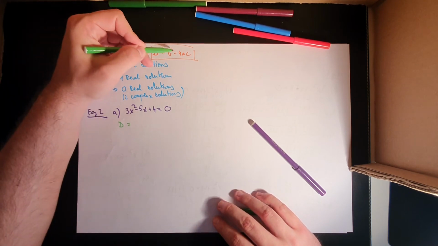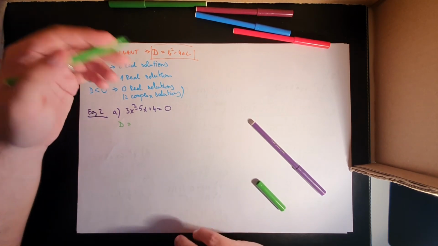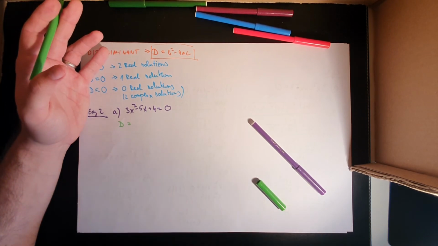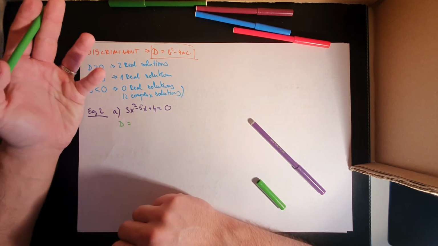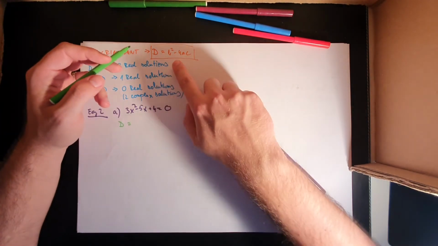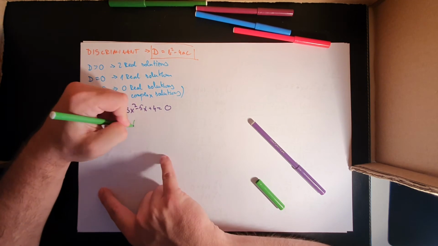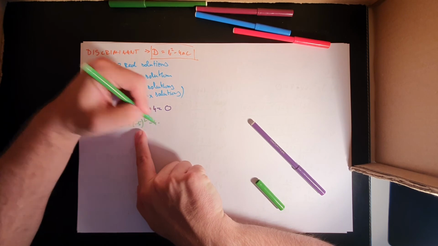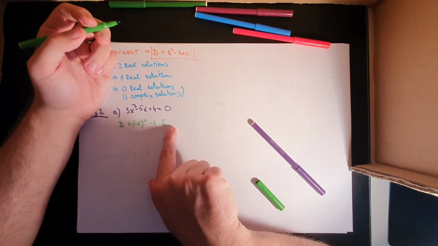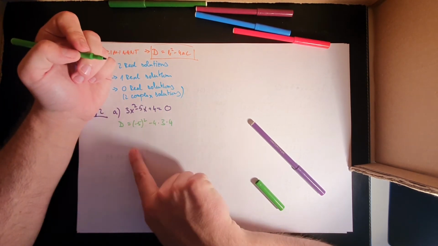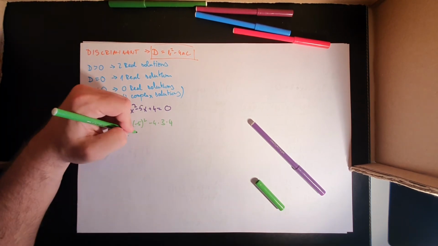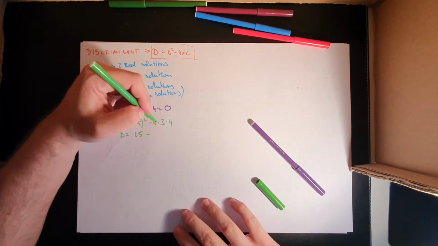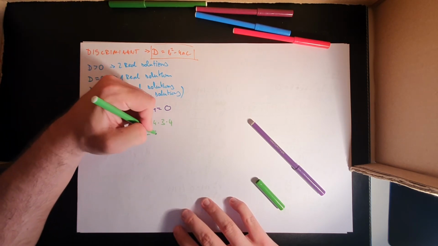So the formula is b squared minus 4ac. Now, I'm not going to write down every time what is a, what is b, what is c. I think you should already know how to do that. I would encourage you to do that if you're not 100% sure. So b is minus 5. So minus 5 squared, minus 4 times a is 3, and c is 4. Okay, so D is equal to 25 minus 4 times 4 times 3 is 48.